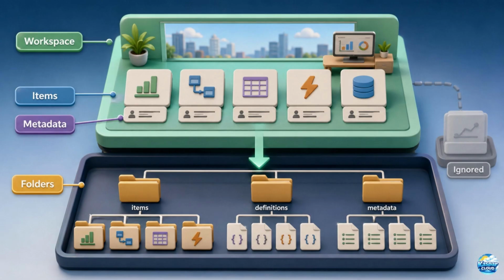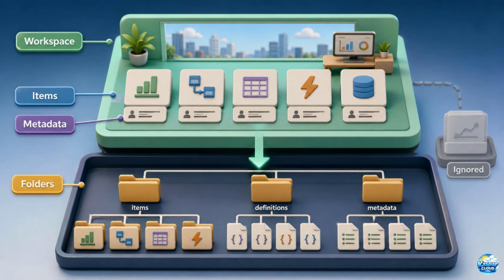Fabric Git integration works at the workspace level, which means supported items inside the connected workspace are exported to the Git repository as item folders and definition files. The workspace folder structure is preserved in Git, including subfolders up to supported limits. Each item includes system metadata such as type, display name, and logical ID values that Fabric uses to maintain item identity and synchronization consistency.